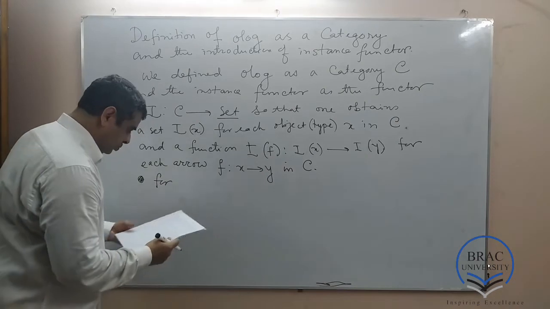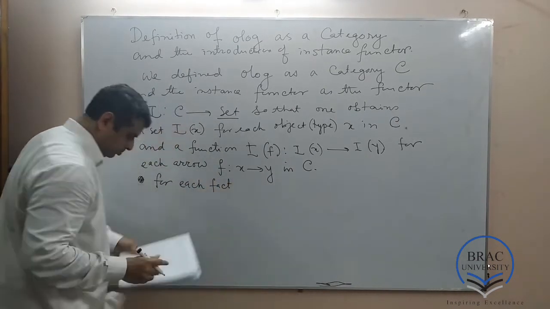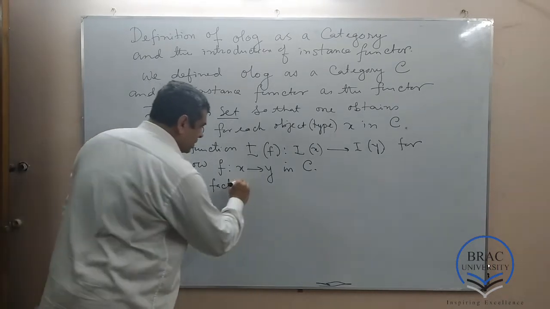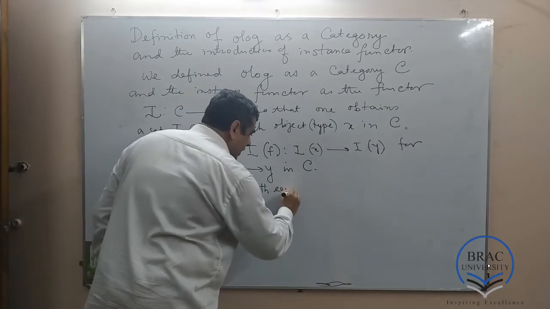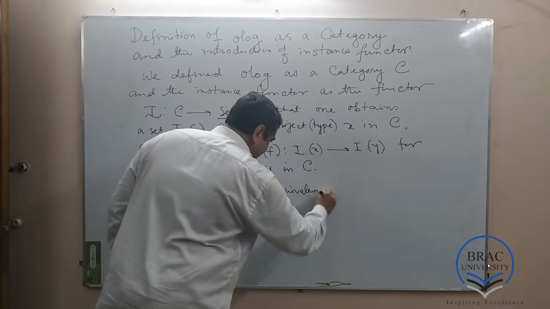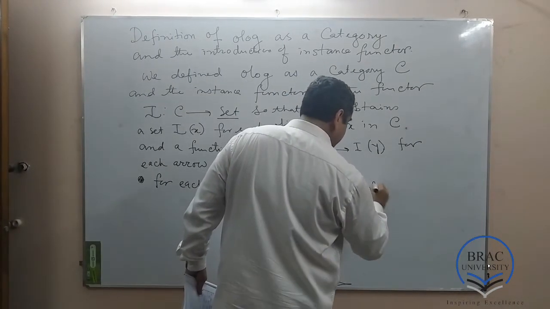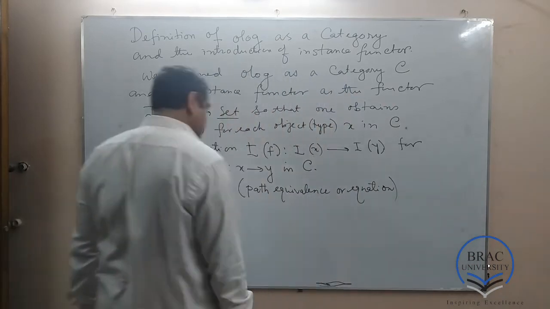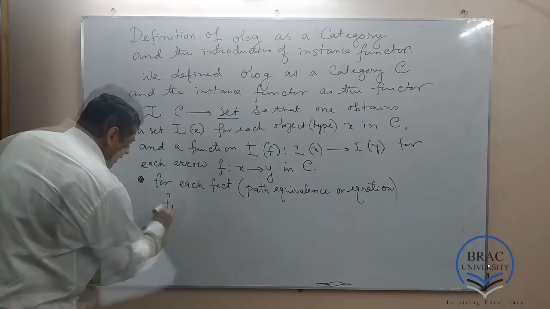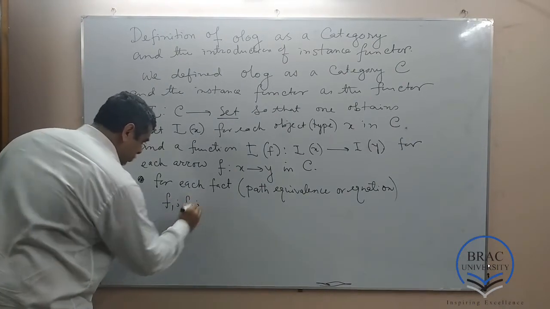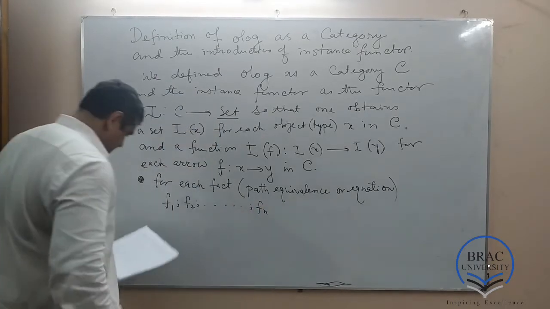For each fact, we describe a fact as a path equivalence, or equation, okay? F1, F2, through Fn.